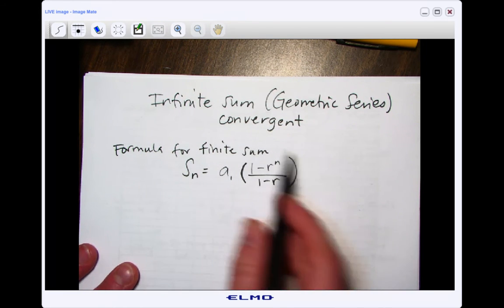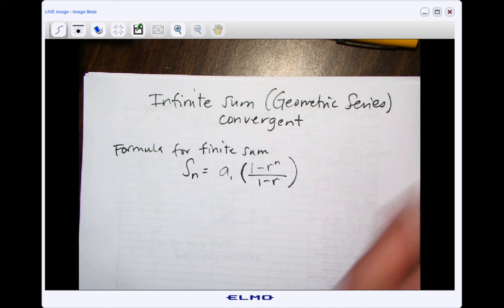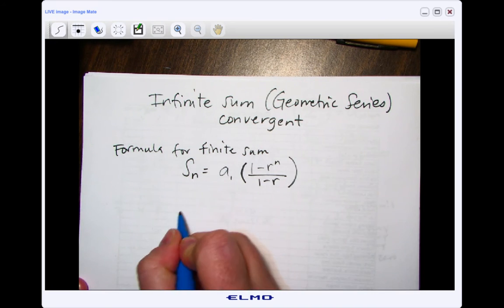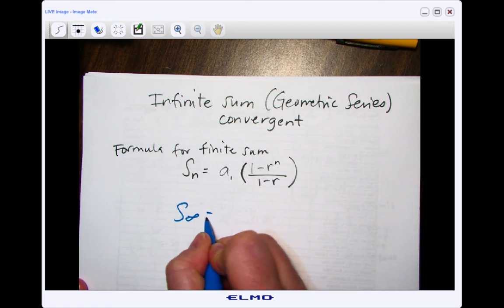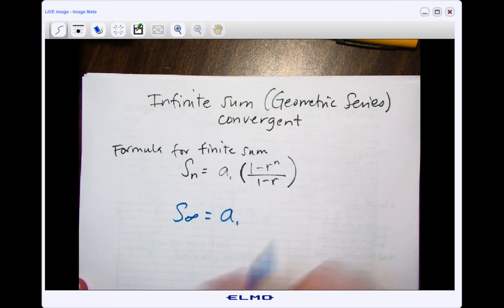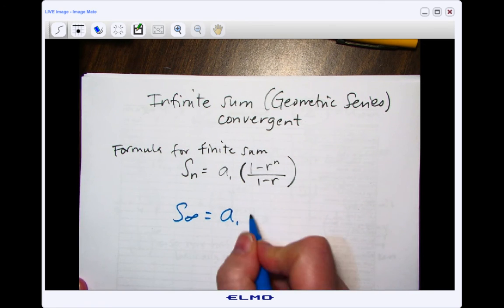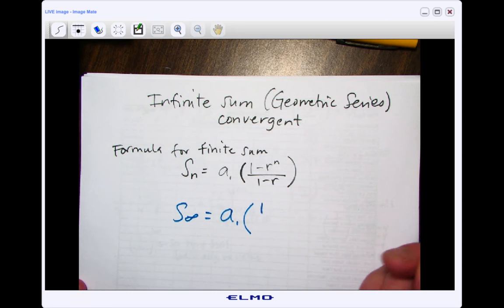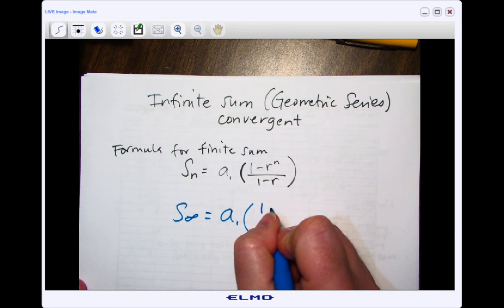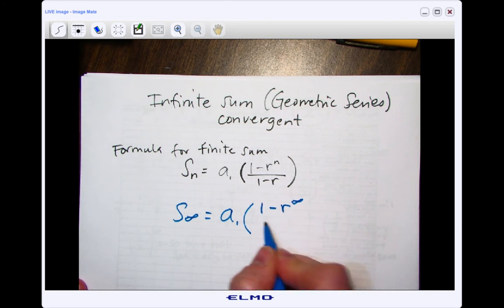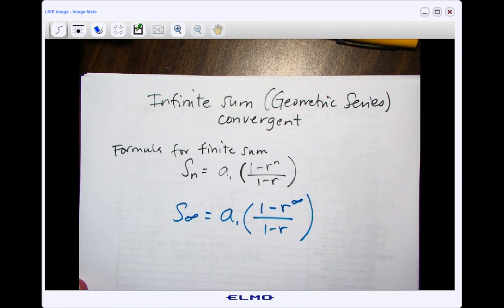So if you take this formula for a finite sum and you think about it in these terms, if you're thinking about infinity, let's pretend we can do that for a moment. We're finding the sum to infinity. Let's pretend that we as mortals could do that. We're going to go something like this, right?